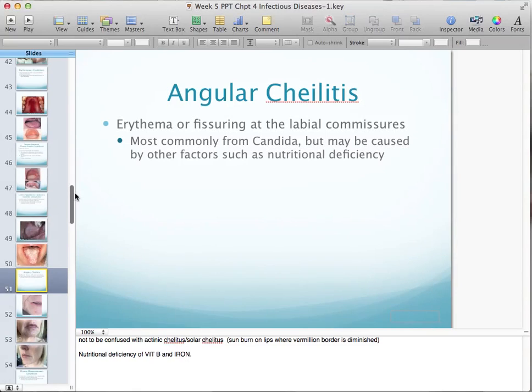What two things that you are deficient in will cause angular cheilitis? Vitamin B and iron. So be careful not to confuse angular cheilitis with actinic cheilitis or solar cheilitis. That is when you have the sunburn-looking lesion on the lips and the vermilion border is diminished, whereas angular cheilitis is the corners of the mouth.